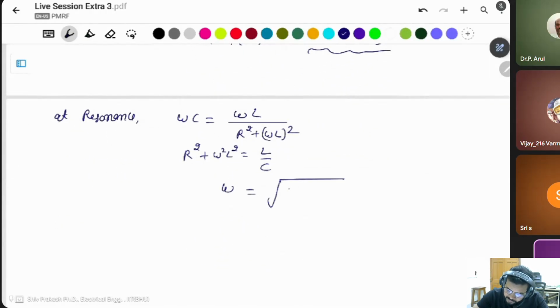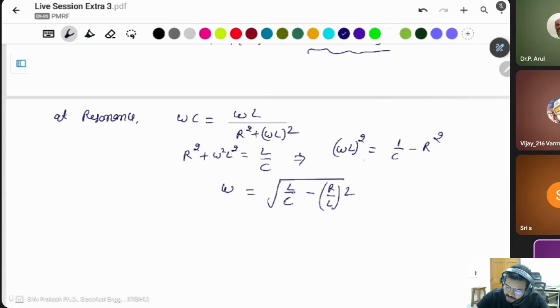Root of L by C minus R square, all over L square. Why? Because of this one: omega square L square is equal to L by C minus R square.